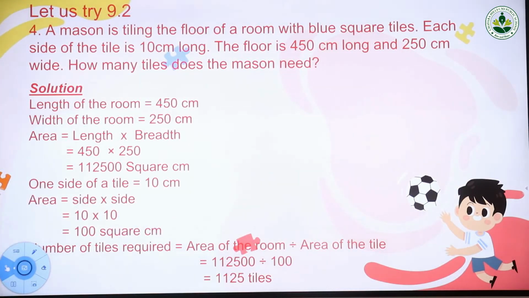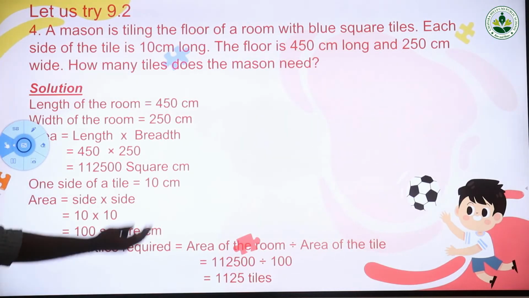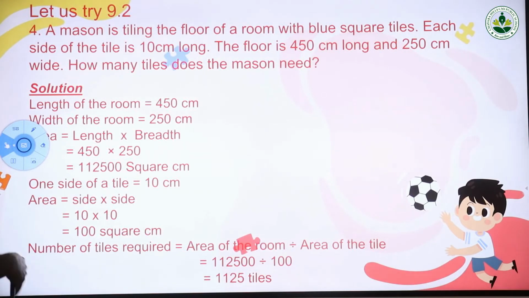Area is equal to length into breadth. 450 into 250 is 1,12,500 square centimeter. And then they gave one side of a tile, that is 10 centimeter. We need to find out the area of one tile, that is equal to 100 square centimeter. We found the area of the floor and the area of one tile.